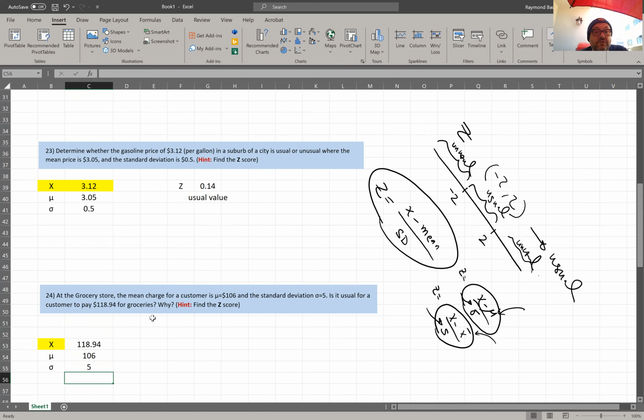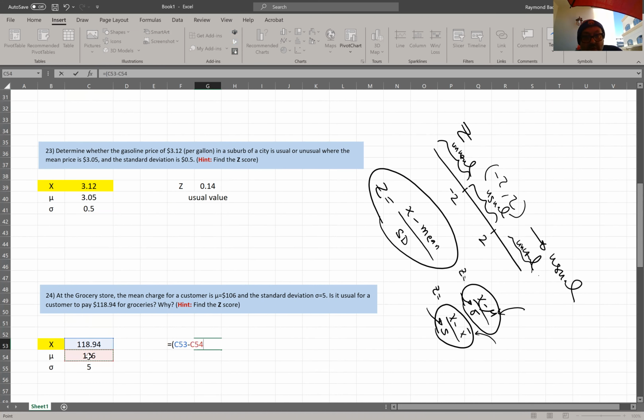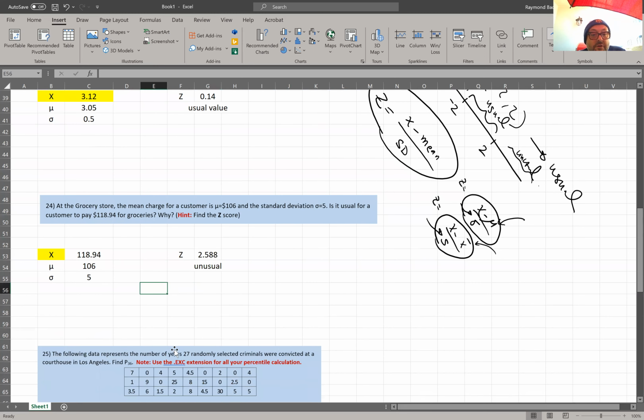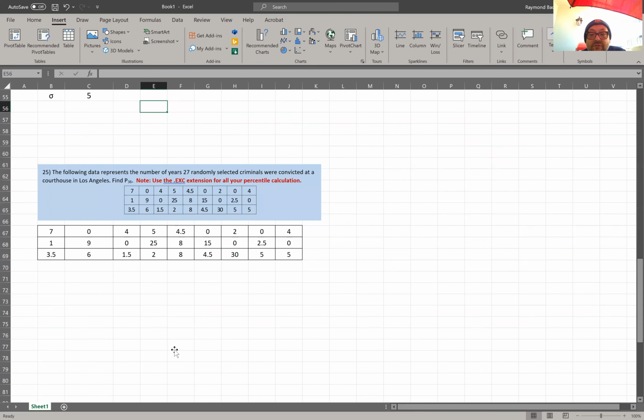Again, it wants us to find the z-score, and you know how to find it: x minus mu, close parentheses, divided by sigma, always. Here you notice that the z-score is 2.59, which means it falls outside plus or minus 2 standard deviations. So it is, you guessed it, unusual. And that's number 24.